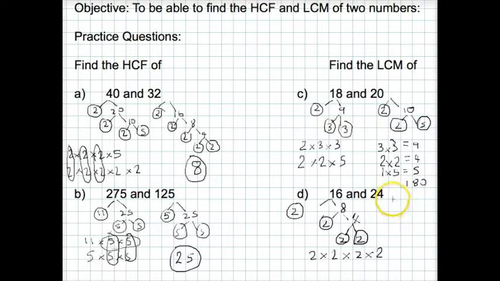I can now do the same with the 24. So I've got 2 and 12. 2 being my prime number. Do the same with the 12 to give me 2 and 6. 2 being my prime number.